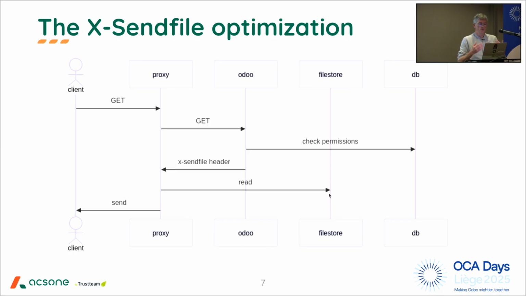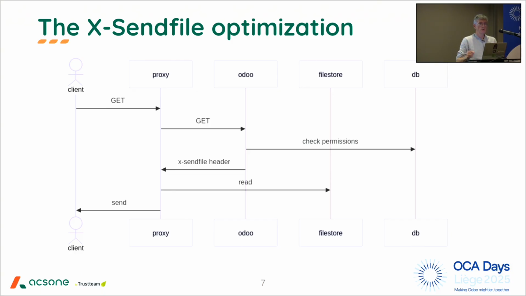So that's also better, because even with proxy buffering, the proxy does not need to buffer, it has access to the file and can read it and send it as fast as the client can read it, but the Odoo workers are freed as soon as possible. So it's a little optimization, but Odoo workers are hungry in terms of resources.